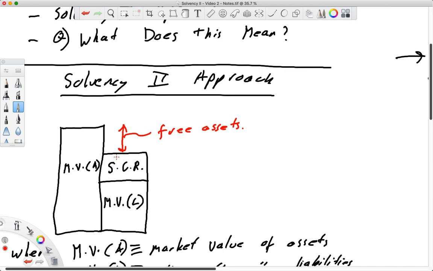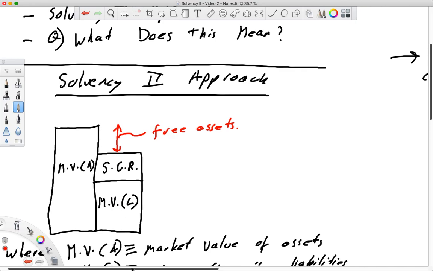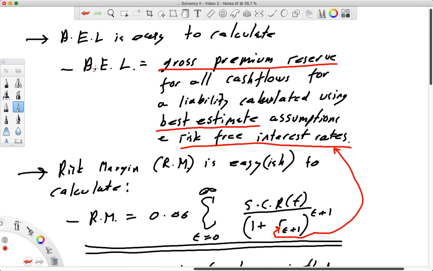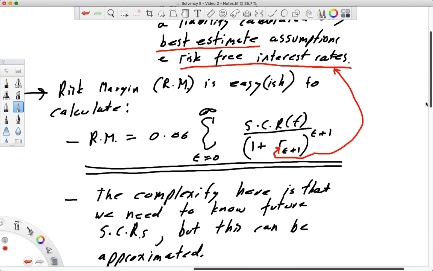But that additional cost to the person who's buying the best estimate liability means that they would demand to be paid more for it. So if you like, this BEL is not big enough to represent the market value of liabilities. It needs to be increased. And that's what this risk margin formula is supposed to do.